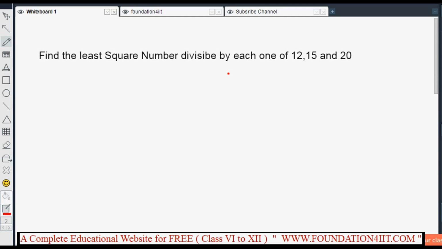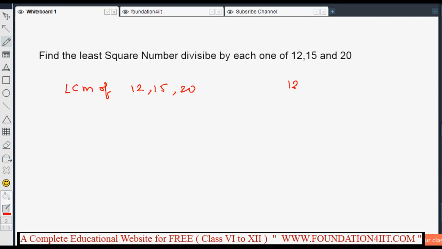So the least number divisible by each one of 12, 15, 20 is nothing but the LCM, right? First you need to find the LCM of 12, 15, 20. The least square number should be divisible by each one of them, so let us first find the LCM.